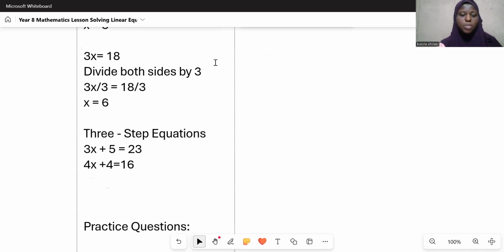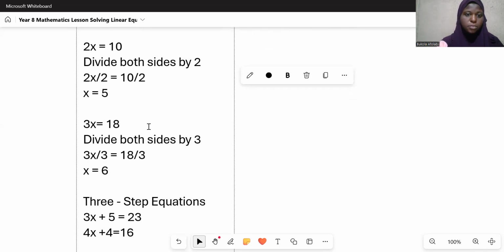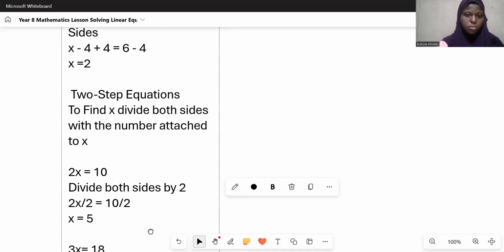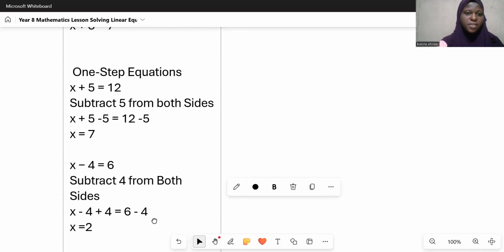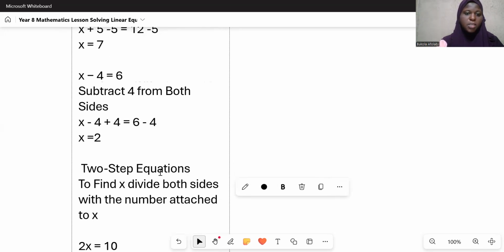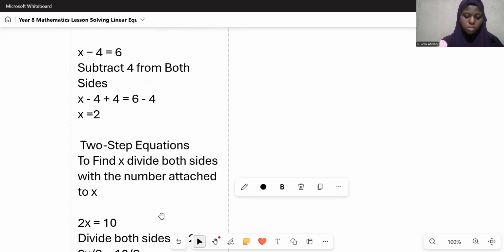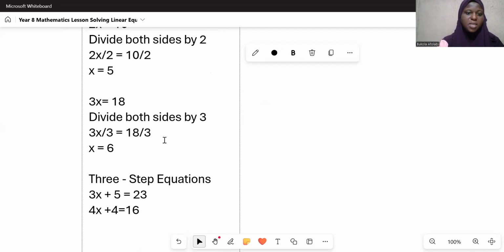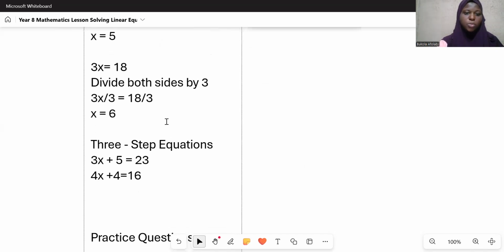It has just one step. The second, they are all linear equations, but the first has just one step. So that's why it's called a one-step equation. The second equation has 2 steps to solving it. That is why it is called a 2-step equation. Now, this is a 3-step equation.